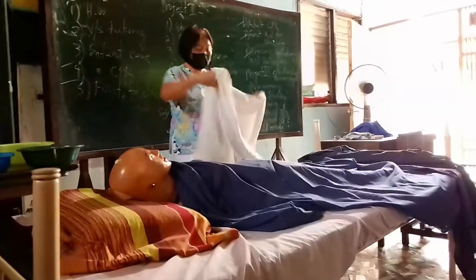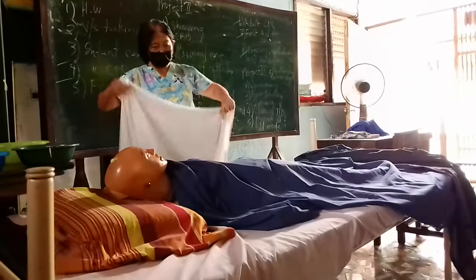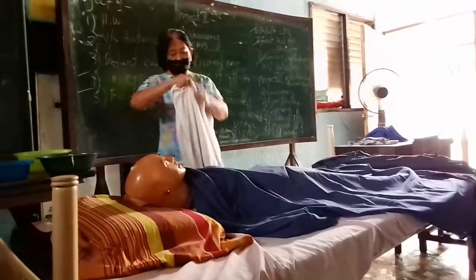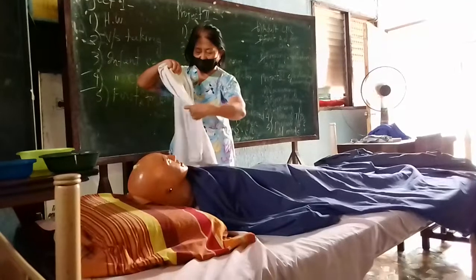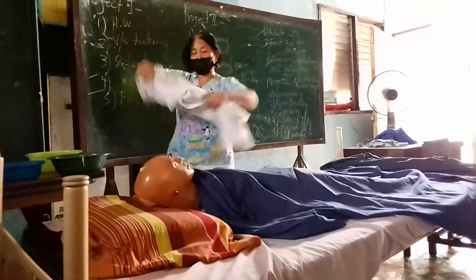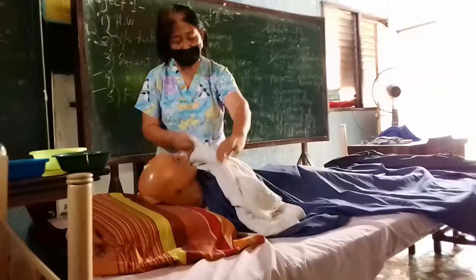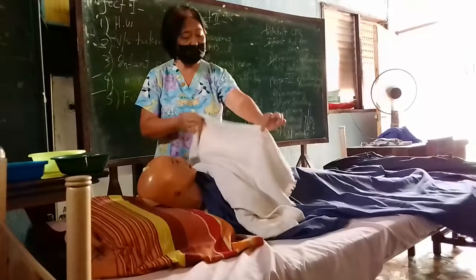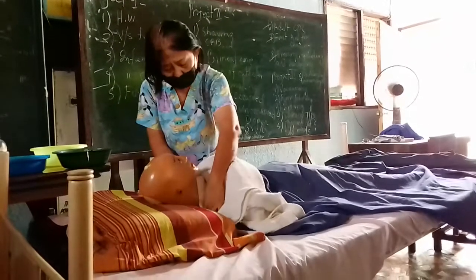The technique in applying the bath towel to the chest and abdomen is the same way as when you apply the bath blanket, changing the top sheet. It should be rolled like this. Put on the neck part. If the patient is not able to hold this edge, you can as well tuck it on the patient's shoulders.